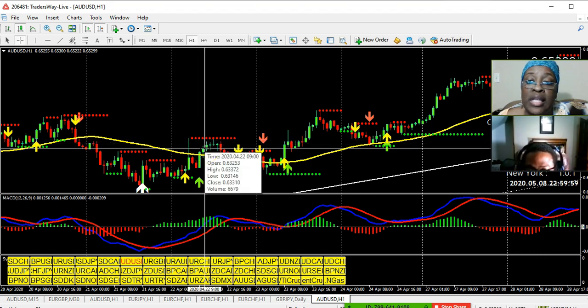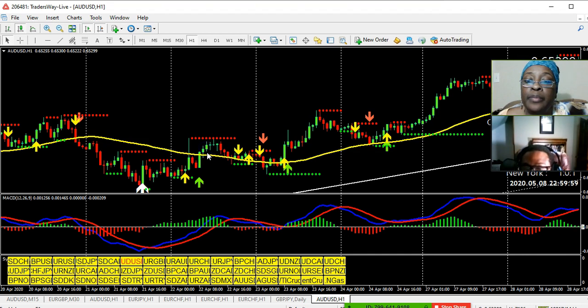That's all we need to see to know that price is approaching a resistance. So we want to measure the close of that candle to those dots. In this case, from here to these dots right here, that is about 15, 16 pips.